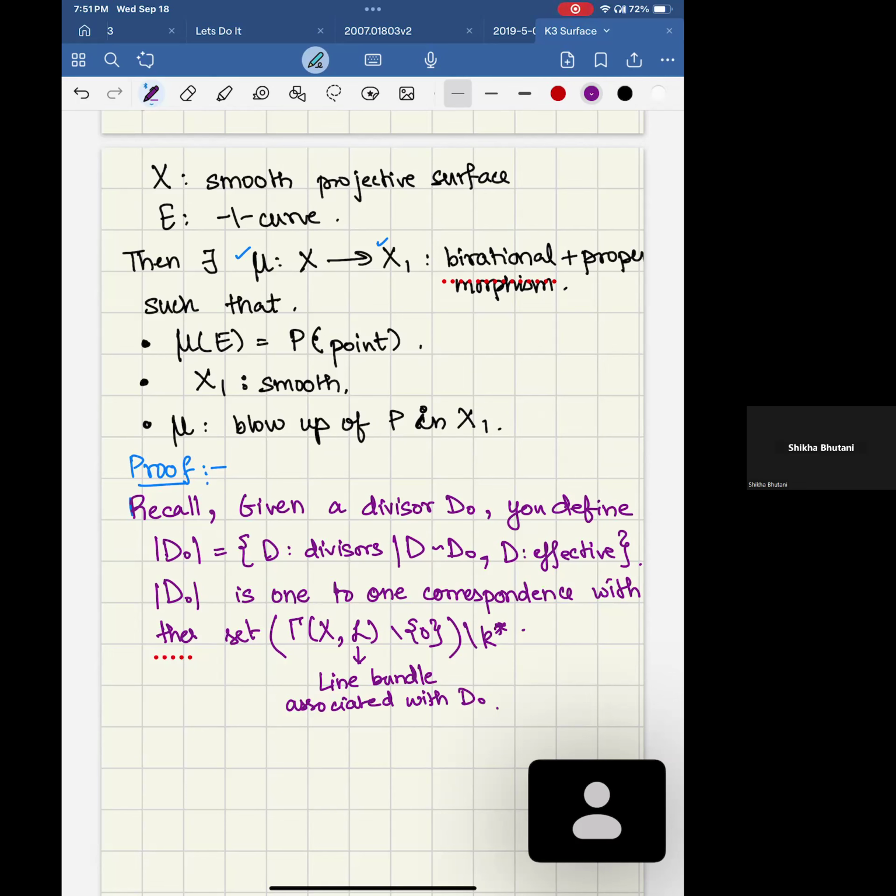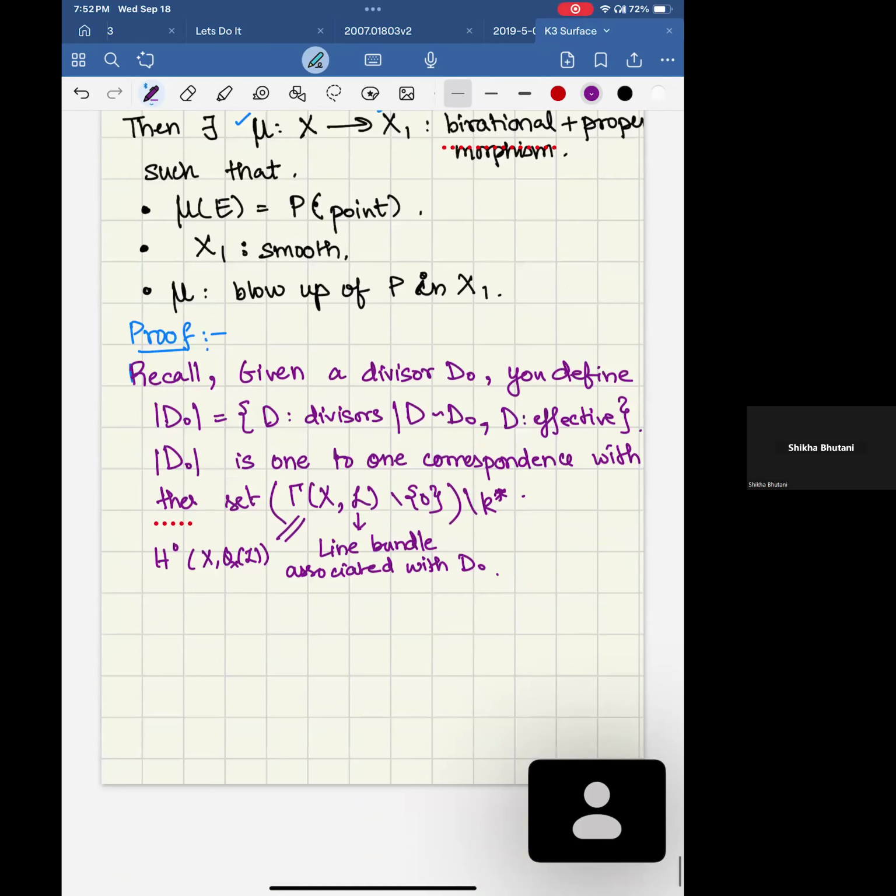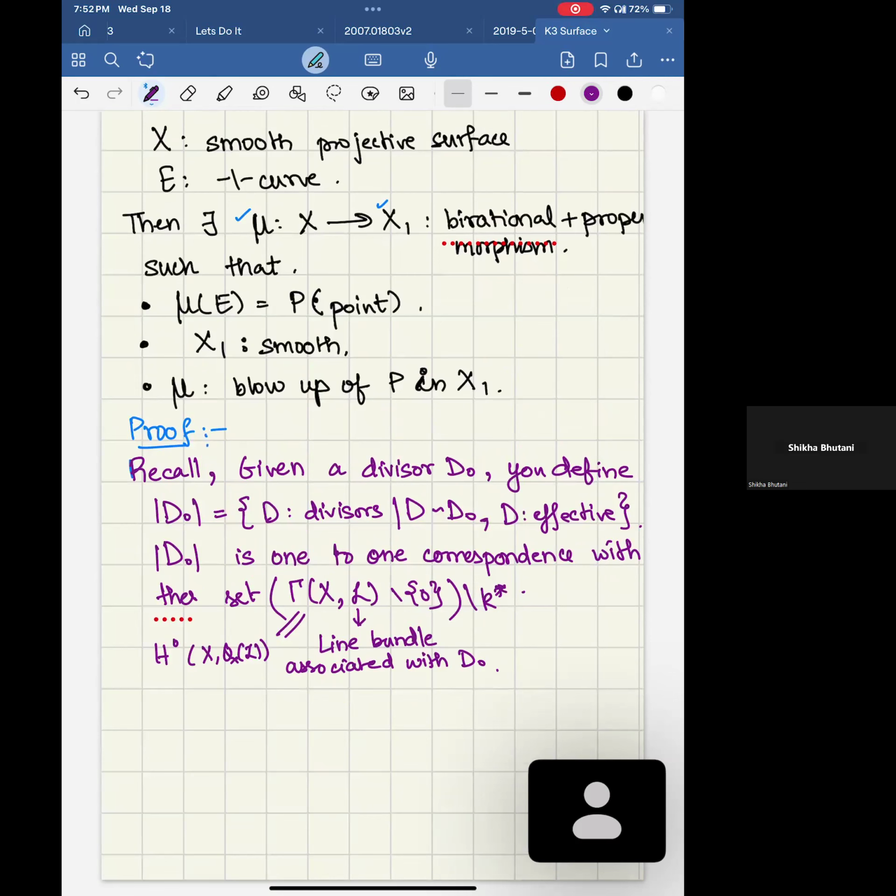Some people also write this global section thing as H0 of X of OX of L. So whenever you're given a divisor, you can always define a linear system corresponding to it, which is the collection of all the divisors which are effective and are linearly equivalent to D naught.